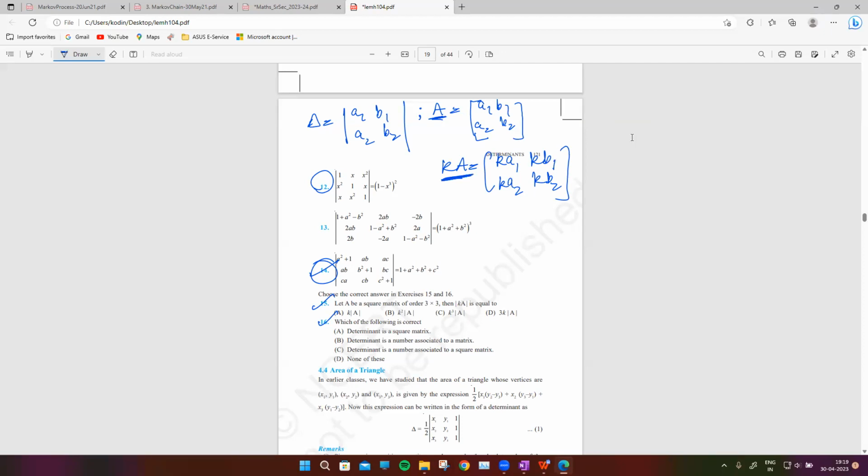So I would take the determinant of KA, which would become Ka1, Kb1, Ka2, Kb2. So I can take K common from the first row, as well as I can take K common from the second row. So outside there will be K square, and the determinant will be the same again. So the answer would be K square delta.